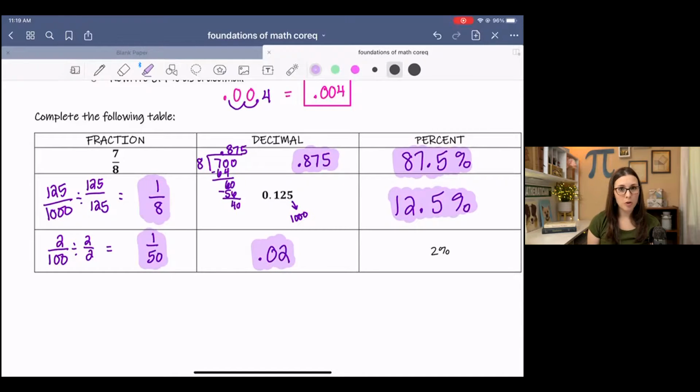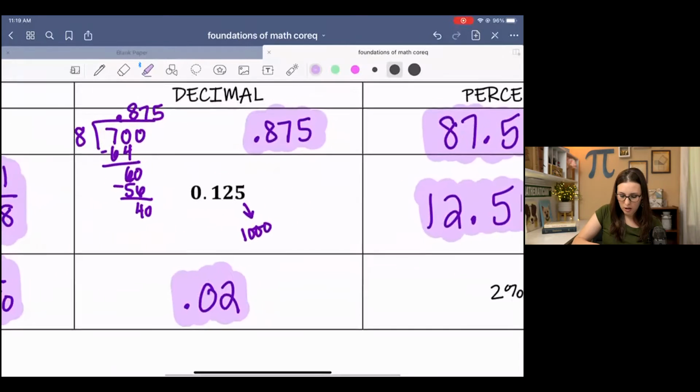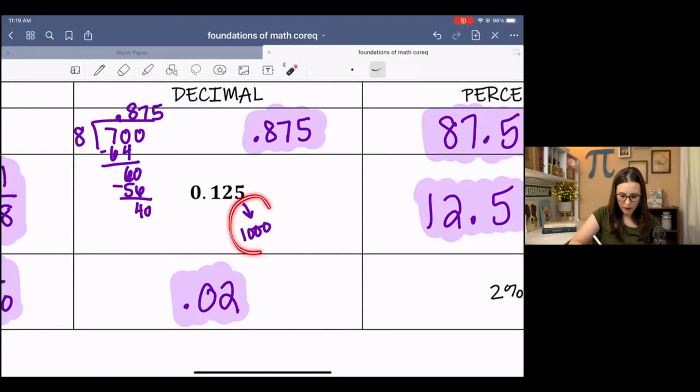A little trick I want to show you on converting from decimal back to fraction. You can see here that I wrote the little 1000, showing that that was the thousandths position. And without looking at the little chart I included in the notes, a little quick thing you can do is this has 1, 2, 3 zeros. So that's 1,000.